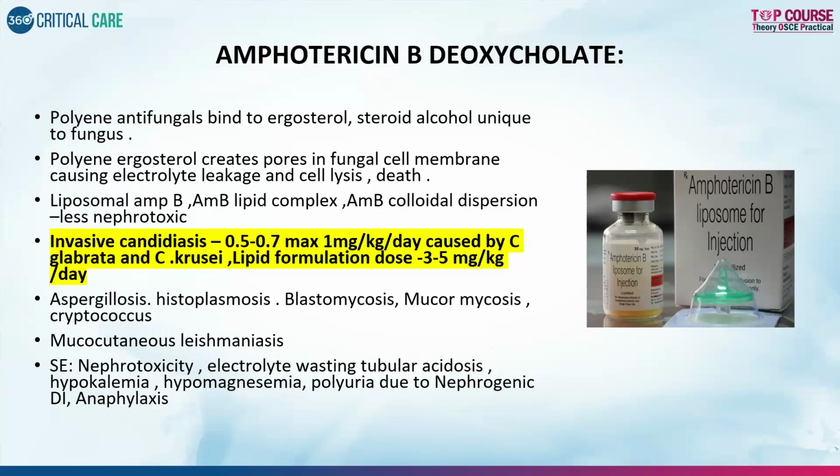When it goes into the nephrons, it causes tubular damage because it gets stuck onto the tubular cell membranes. Wherever there is lipophilic activity present in the tubules, this amphotericin binds there and causes acute tubular necrosis. So to prevent that lipophilic attraction to the normal nephron, they put another lipid layer around the amphotericin. That is the reason it does not cause nephrotoxicity.